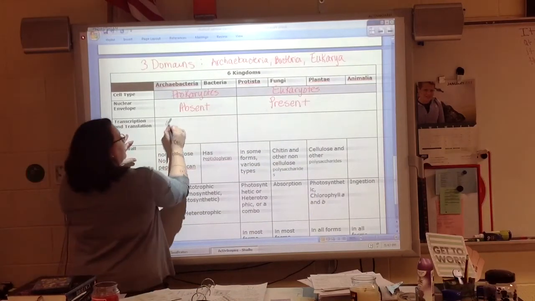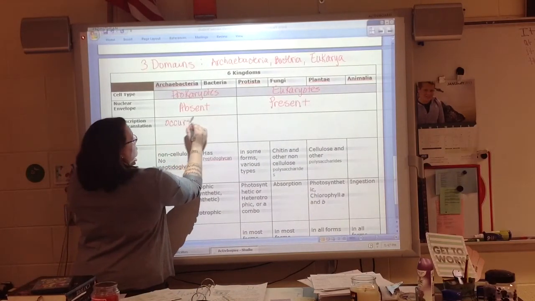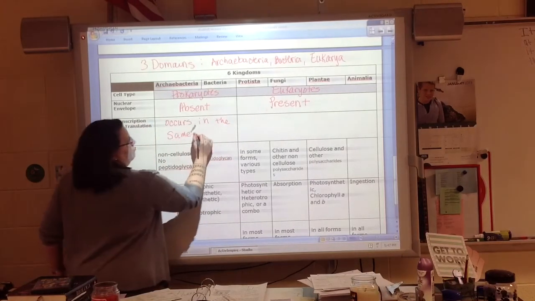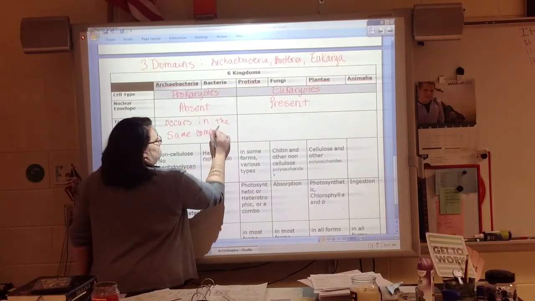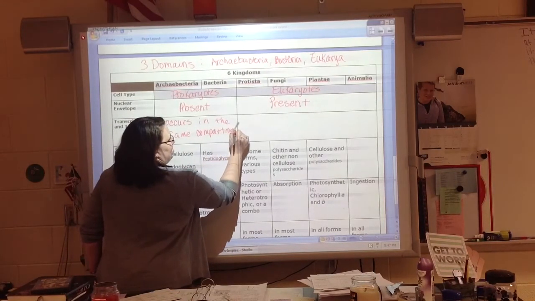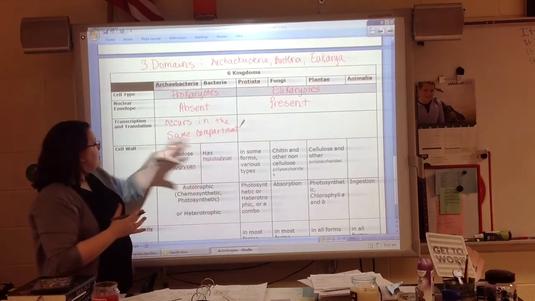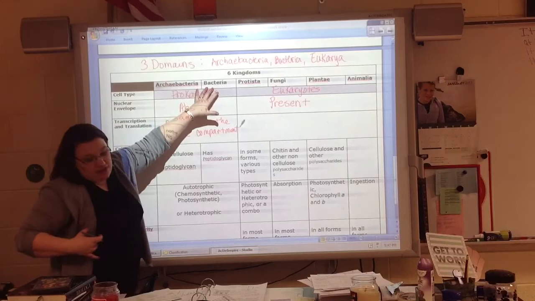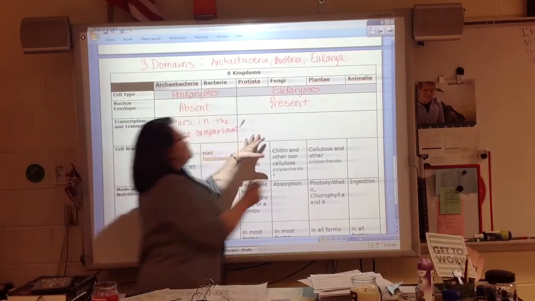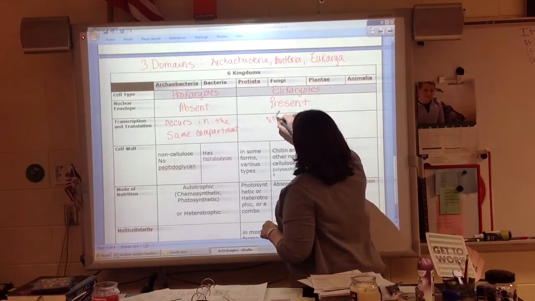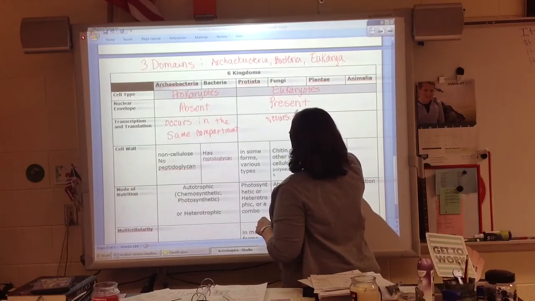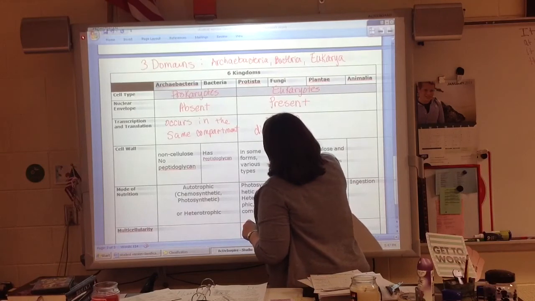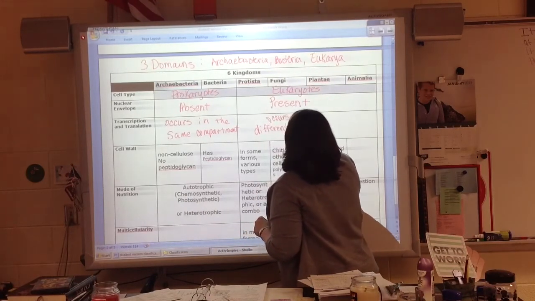Transcription occurs in the same compartment for prokaryotes, or for the archaeobacteria and the bacteria. For eukaryotes, it occurs in different compartments.